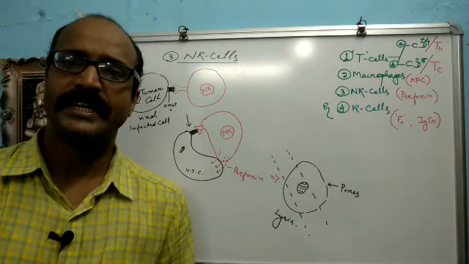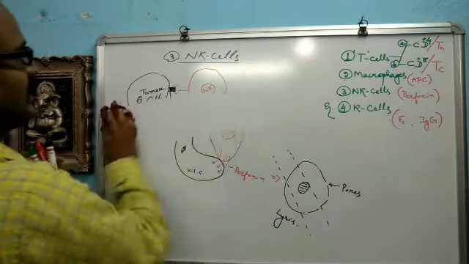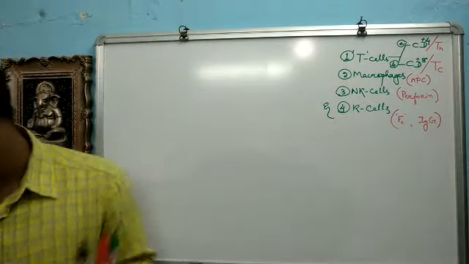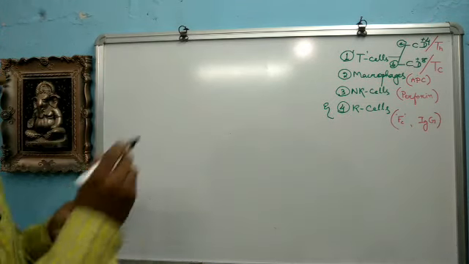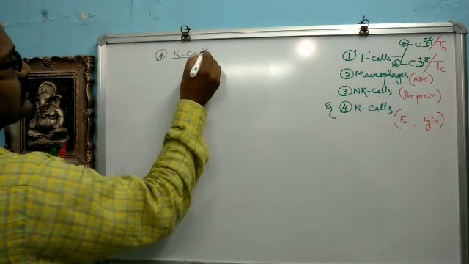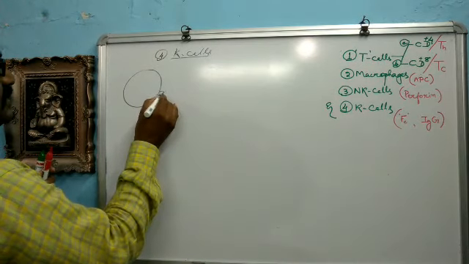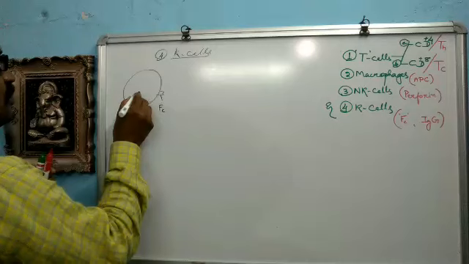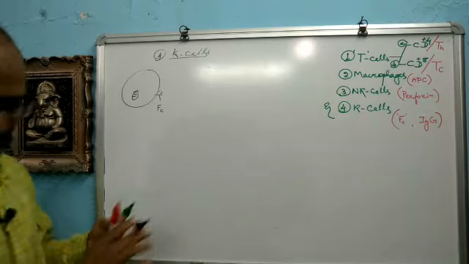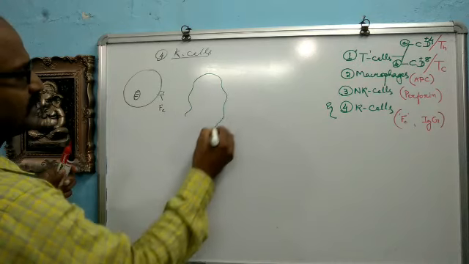Now come to the K cells. The K cell is the last cell, which is known as the killer cell. The surface of the killer cell contains the Fc receptor. Suppose that this is the K cell. The K cell contains the Fc receptor for immunoglobulin G. Suppose that the viral infected cell is present here.